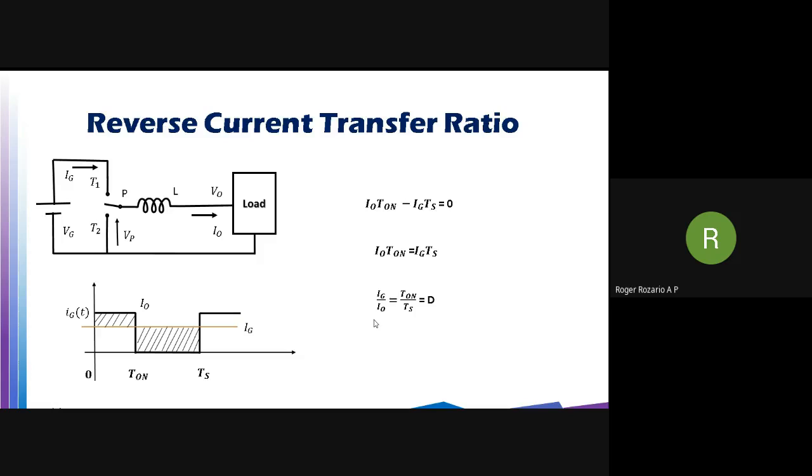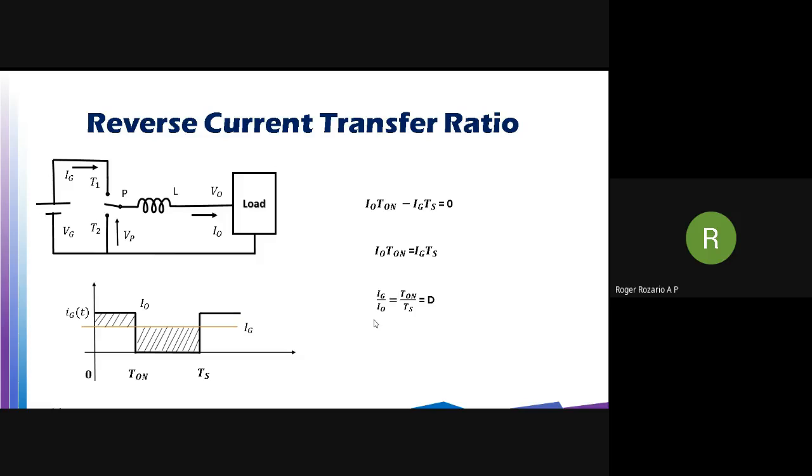In the last class, we had a small confusion with the current gain and the current transfer ratio. The reverse current transfer ratio is Ig by I0, whereas your current gain is I0 by Ig. We had some difficulties in understanding what is Ig by I0 and I0 by Ig.